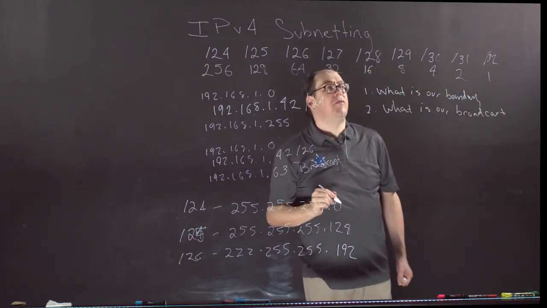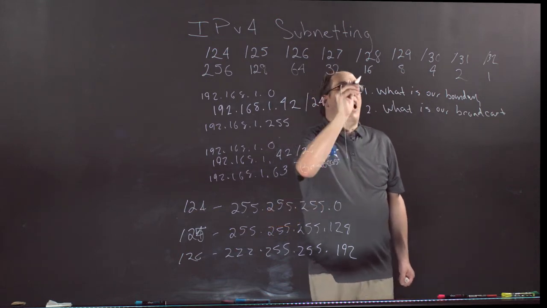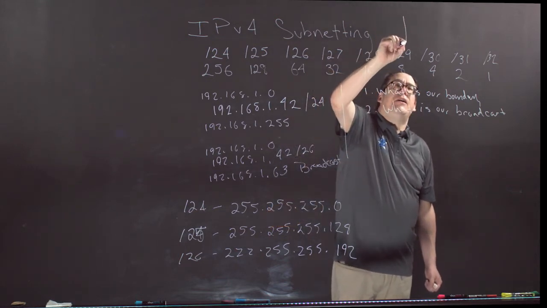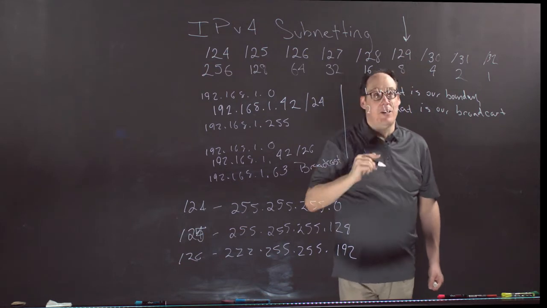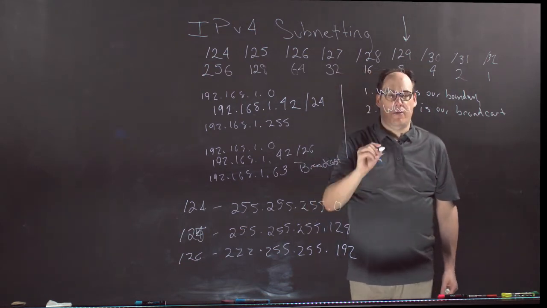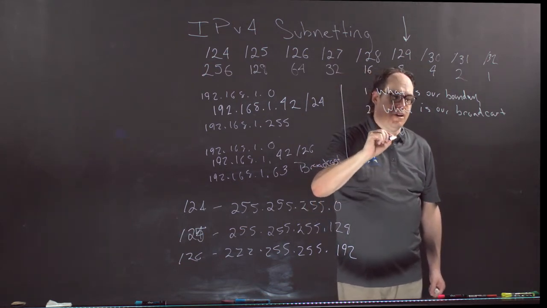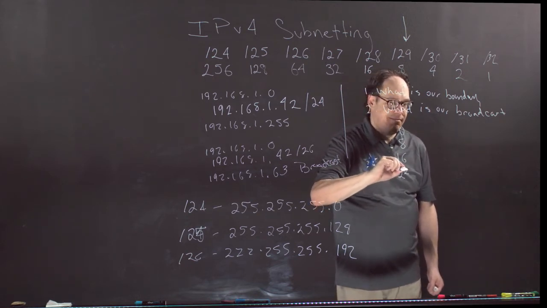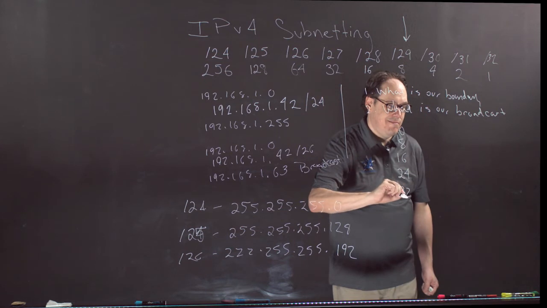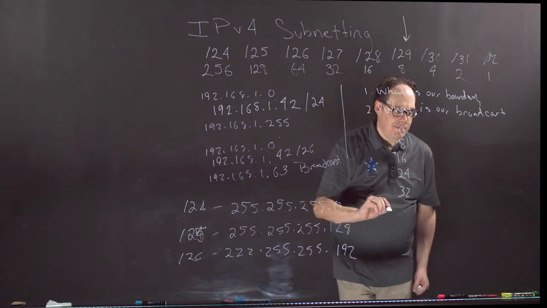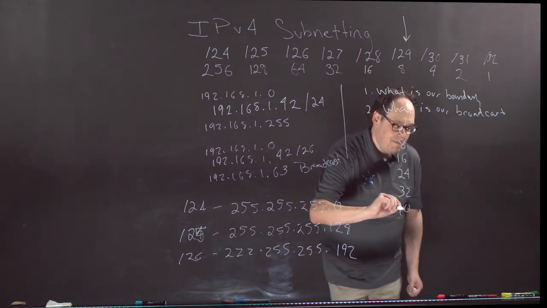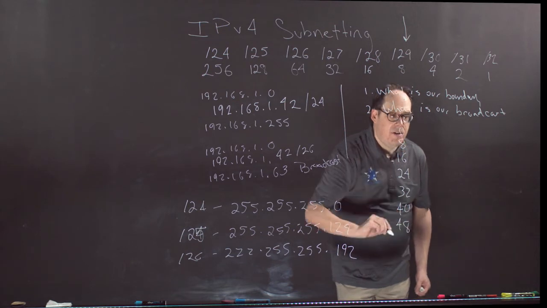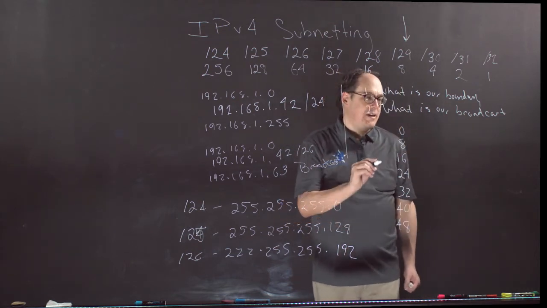The boundary is always the first. So I'm going to take this network right here as one final example. It's a /29. What are the network boundaries? We're just going to count by 8. These are all of our network boundaries.